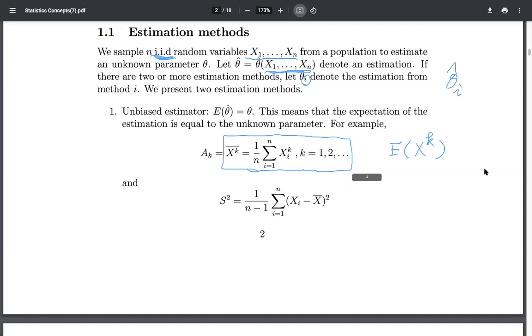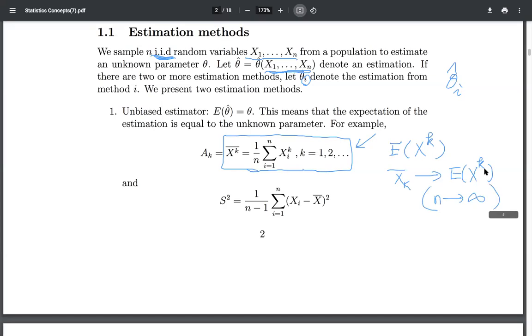This is called the method of moments estimation. Okay, so as I said, if n is large enough, this a_k, or x bar to the k, is going to converge to the true value when your sample is large enough.